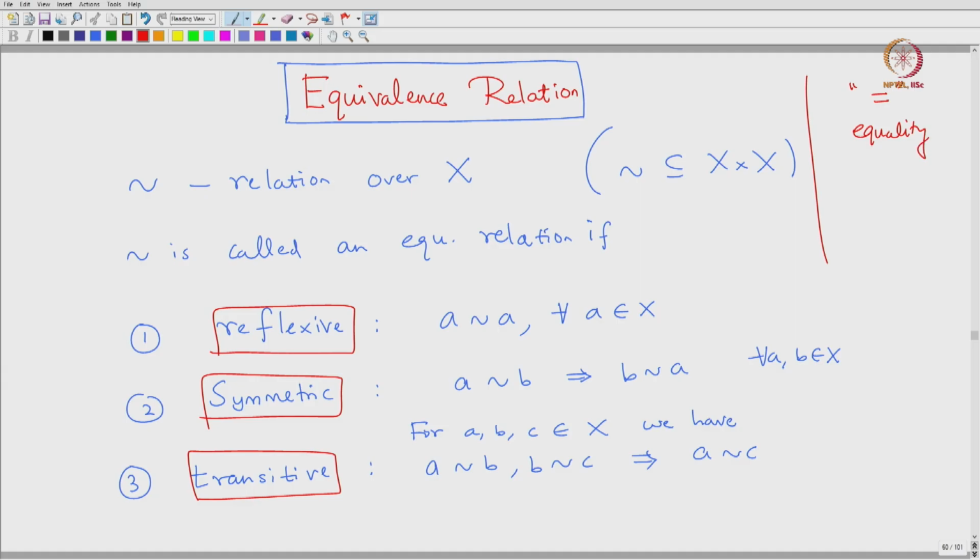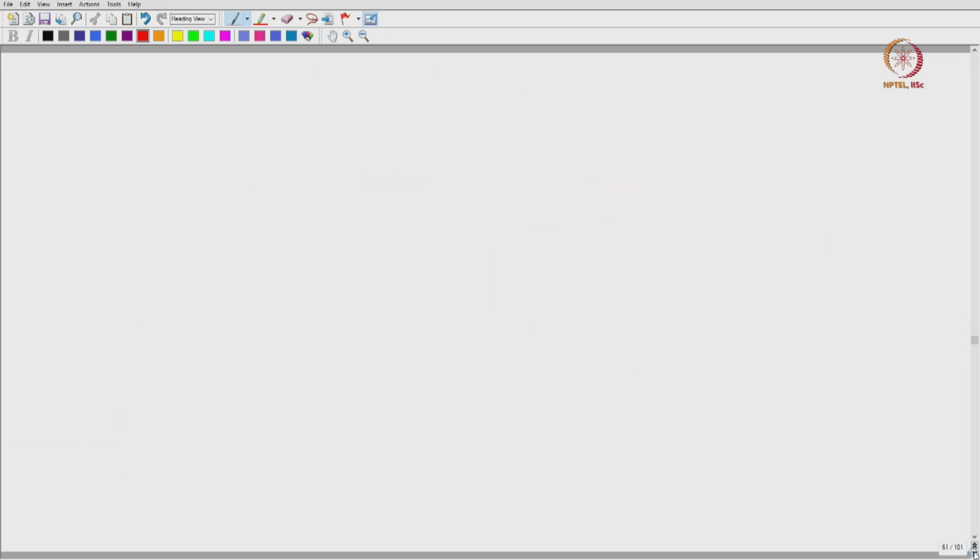So, now given an equivalence relation, one can define what are called equivalence classes associated with it. So, let us actually define them. Given, let us say, A in X, we call this the equivalence class of A, of course with respect to that equivalence relation. Most often we ignore the dependency on the equivalence relation if it is understood from the context.